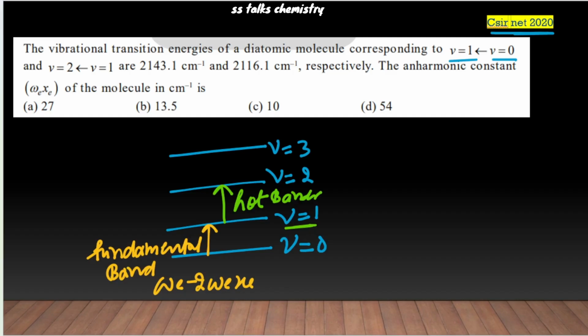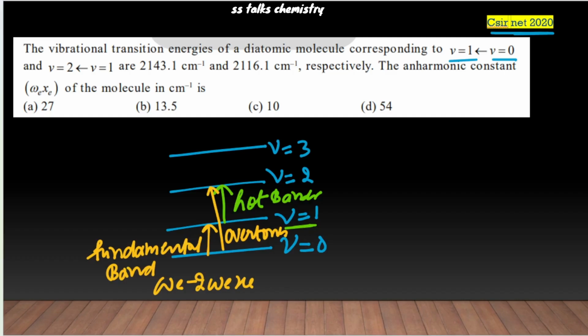Had the transition taken place from 0 not to 1 but directly to 2, these are called the overtones. 0 to 2 is the first overtone, then 0 to 3 is the second overtone, and like this it goes on. So these are the different types of bands that you obtain in vibrational spectra.